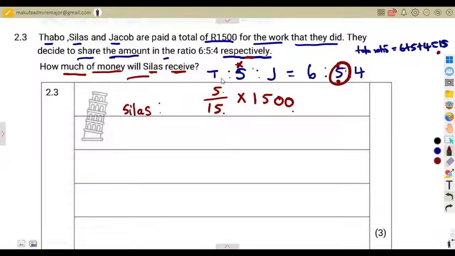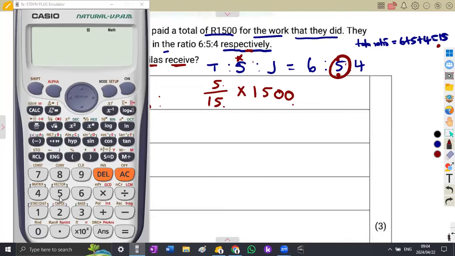For Tavo, the ratio for Tavo, which is 6, over the total times the money they shared. Just like that. So this is what you're supposed to do. So from there, you just divide 5 over 15 like this. Then you multiply by 1,500. That is going to give us 500.